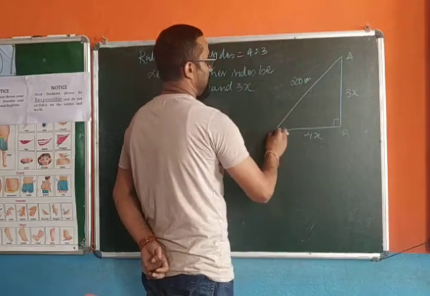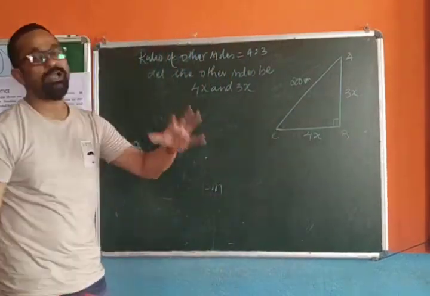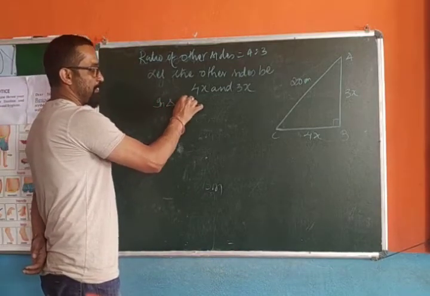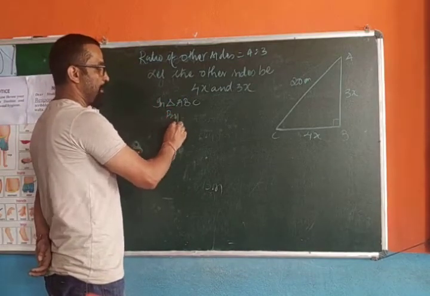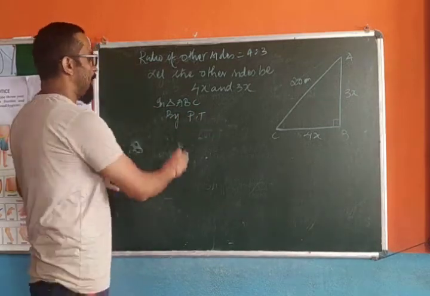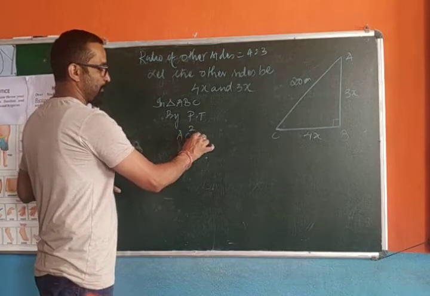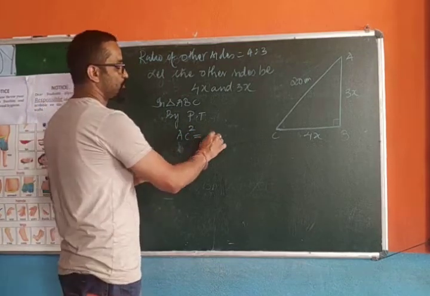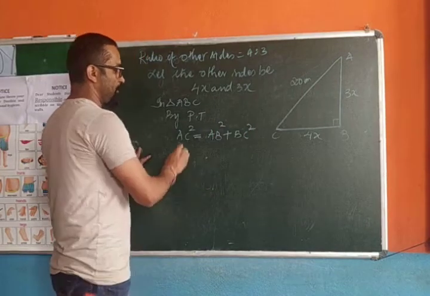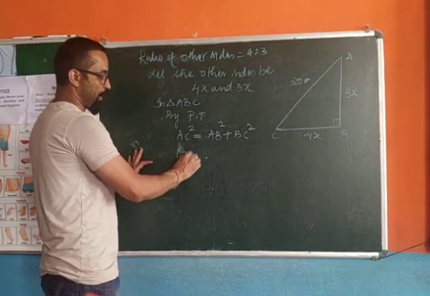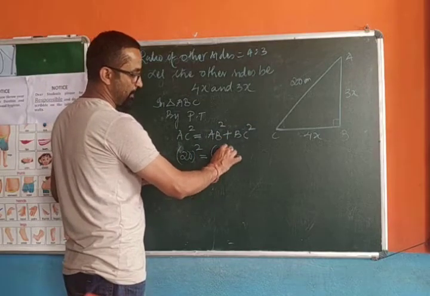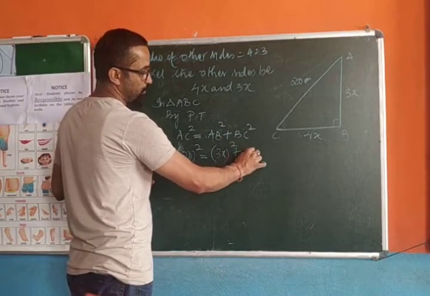Name it as ABC, so you can use Pythagoras theorem. In triangle ABC, by Pythagoras theorem, the square of the hypotenuse is equal to the sum of the squares of the other sides. 20 whole squared, AB is 3x whole squared, BC is 4x whole squared.